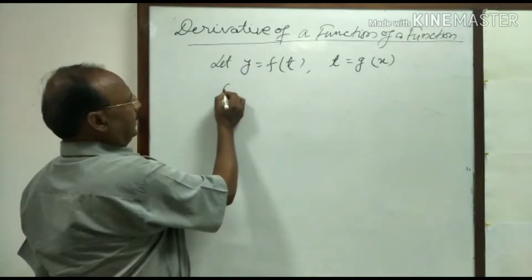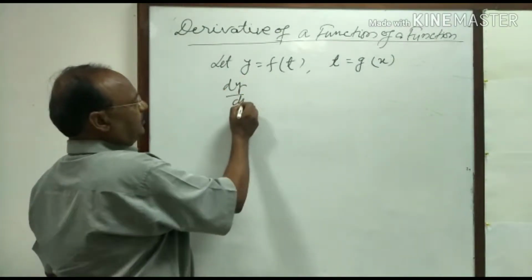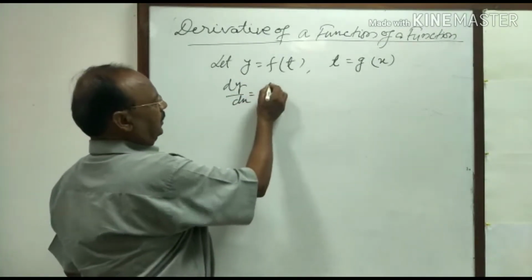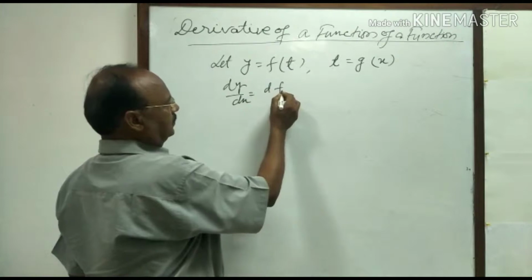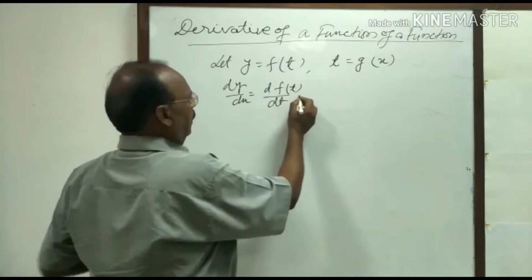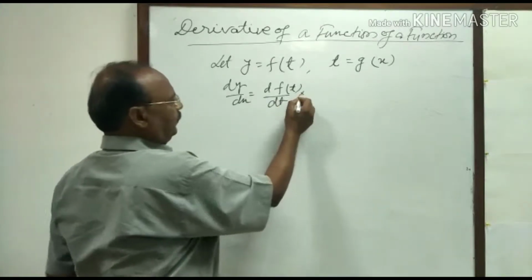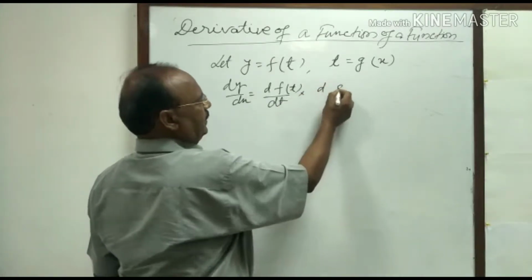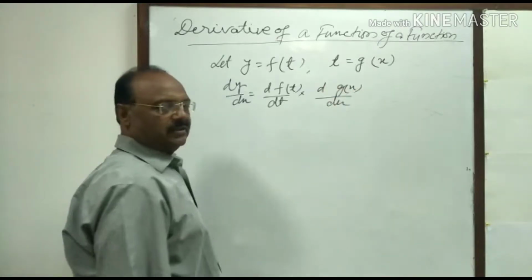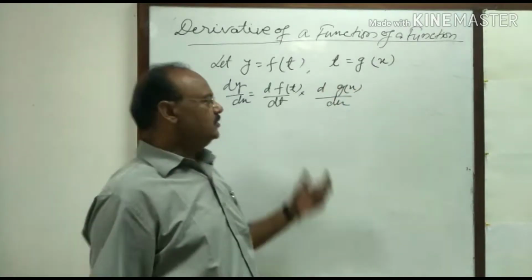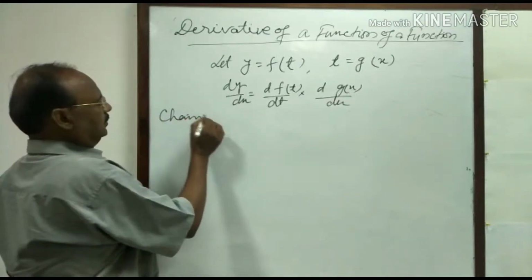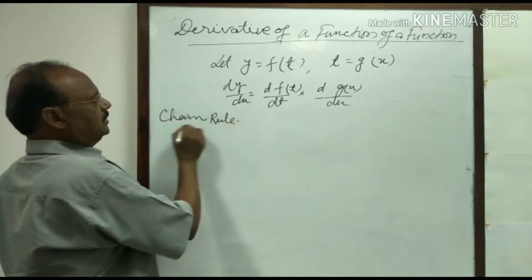Then when you find out derivative of y with respect to x, this will be equal to derivative of function y with respect to t into derivative of function g(x) with respect to x. This is known as chain rule also.